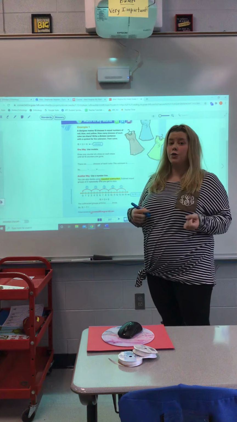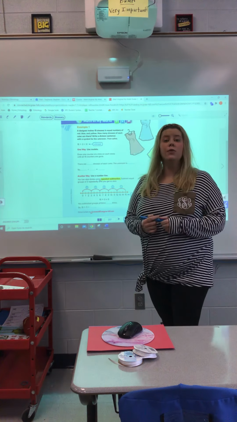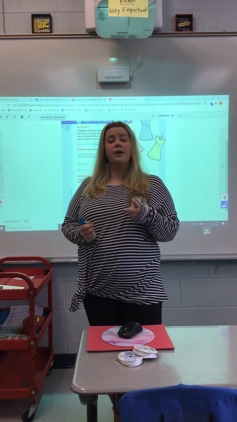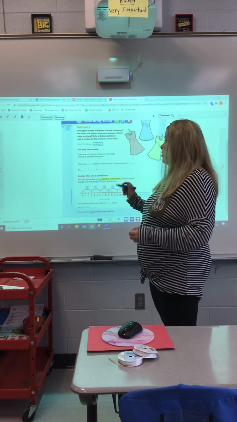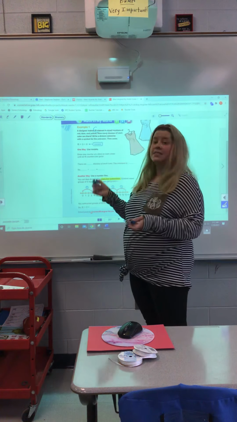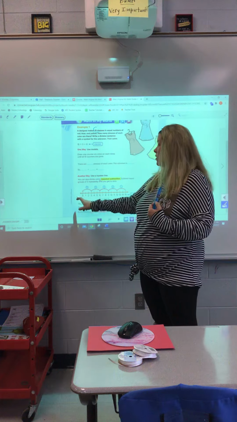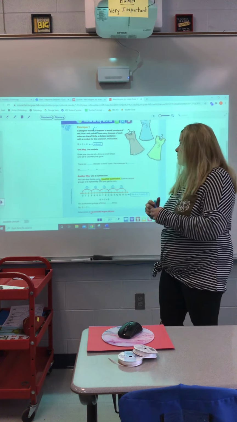Subtract equal groups repeatedly until you get to 0. So if you want to use a number line to do repeated subtraction, the first thing that you have to do is draw a number line with your biggest number. So our biggest number is 15. That means we would need to draw a number line that goes to 15. And look, they already did it for us, okay?